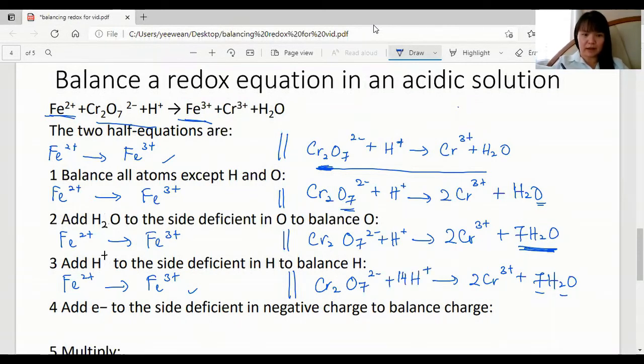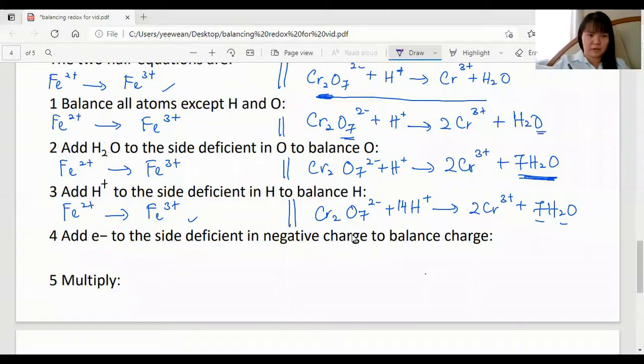Next, we're going to add electrons to the side deficient in negative charge. We're going to balance the charge this time. So it's 2+ on this side and 3+ on this side. So I will need an electron to balance this to make both sides 2+. So Fe2+ becomes Fe3+ with an electron.